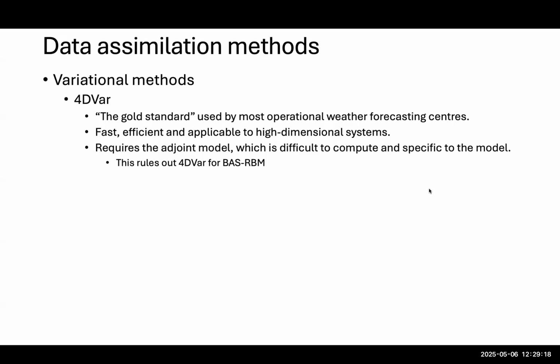An adjoint is the transpose of the linearized model. That's difficult to compute and specific to a specific version of a model. So if you update the model, you have to update your adjoint, so you have to have some support for an adjoint going forwards.